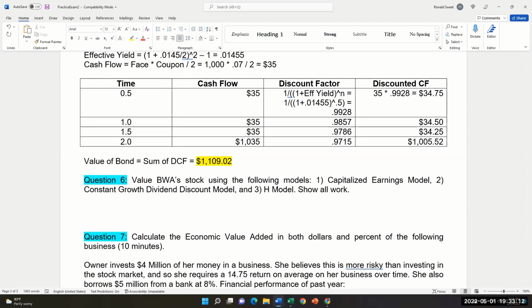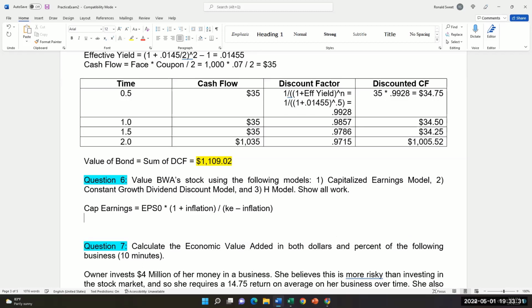All right, the next one is the valuation. So cap earnings formula is EPS 0 times 1 plus inflation. And again, write the formulas down. Divided by KE minus inflation. Dividend discount model is dividend 0 times 1 plus long-term growth divided by KE minus long-term growth.